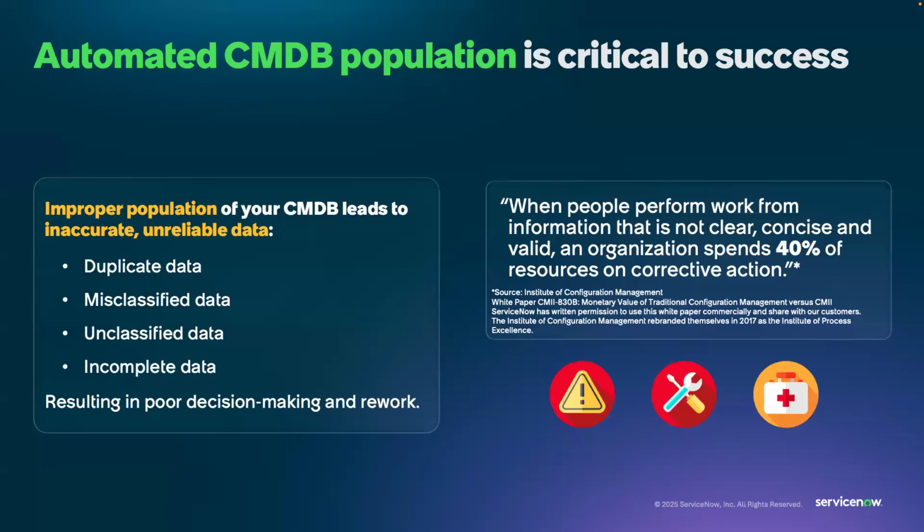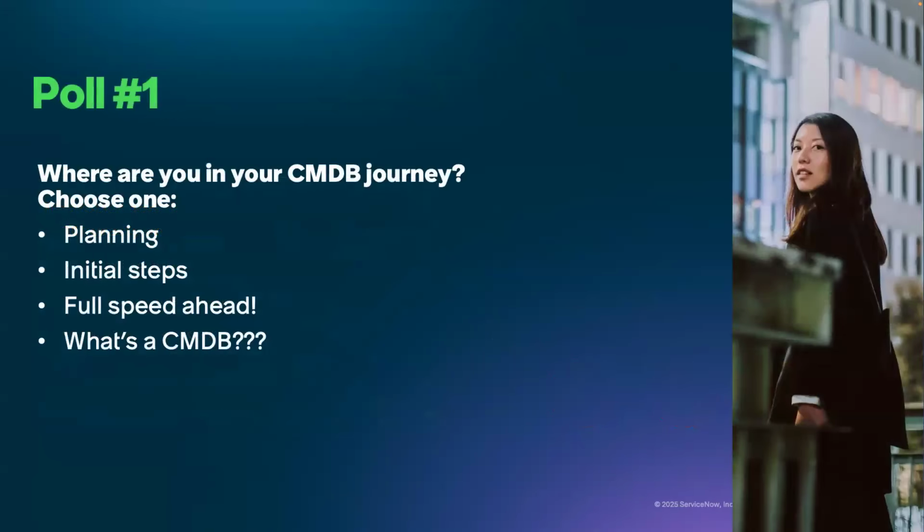You run into issues around duplication of data that's not classified appropriately, or data that's just unclassified and then incomplete, and ultimately you don't have the data that you need to make the decisions that you need to make, right? So poor decision making is a result of poor data, right? And so automation is key to success in the CMDB.